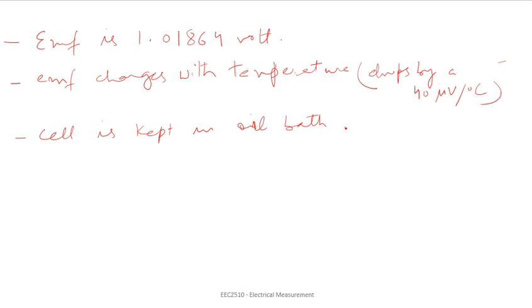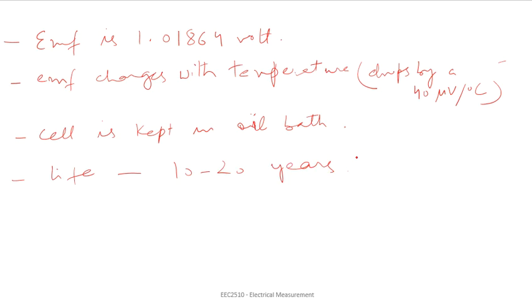If the temperature does not change, then the EMF also will not change. The change in temperature will remain within 0.01 degree Celsius. If we talk about the life of the cell, generally the life of this cell is about 10 to 20 years. So this is about this cell.